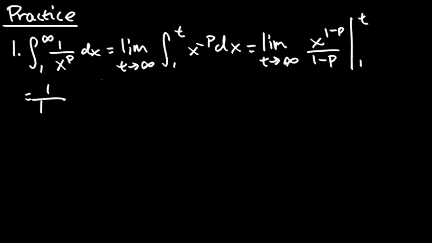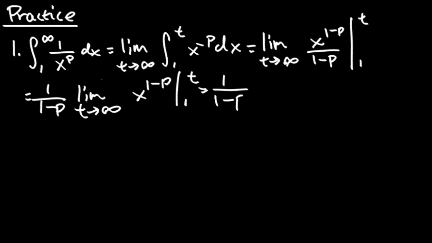Okay, and then I'll move the 1 over 1 minus p to the front. Limit as t approaches infinity of x to the 1 minus p evaluated from 1 to t. Okay, what that's going to give us then is this. t to the 1 minus p minus, and then if we replace x with 1, we just have 1 anyway.